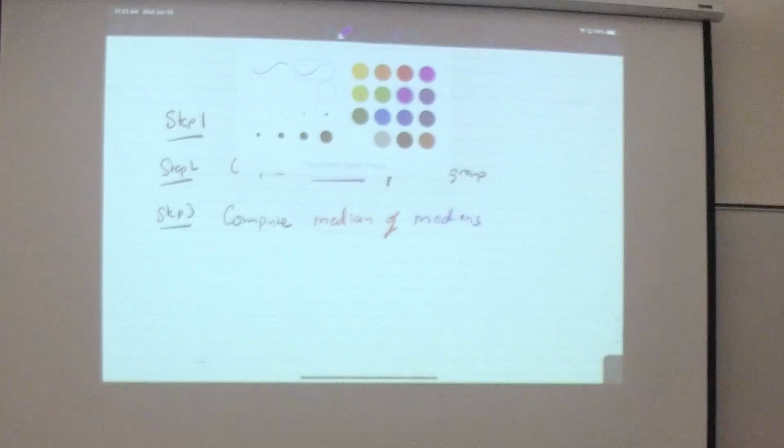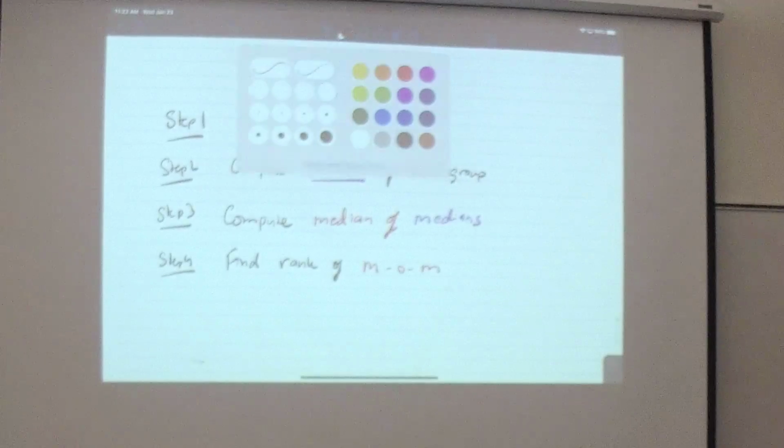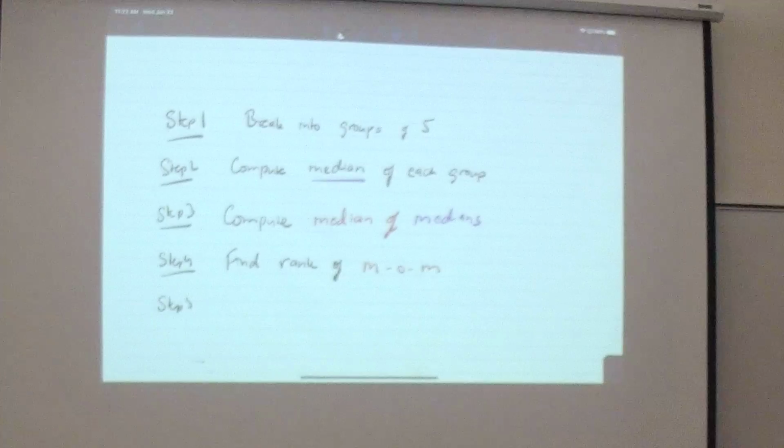Right? And then step 4, find the rank, or the position in the sorted order, of the median of medians. Right? Yes? And step 5 is, let's call this rank R.